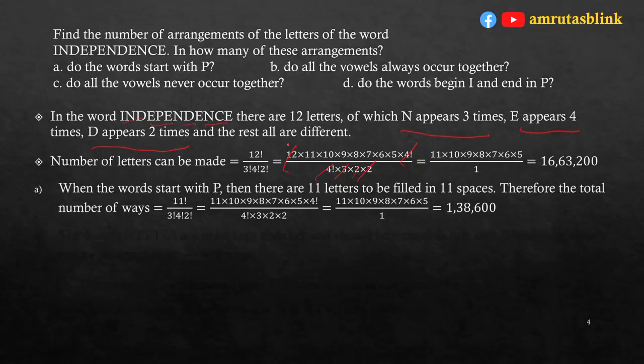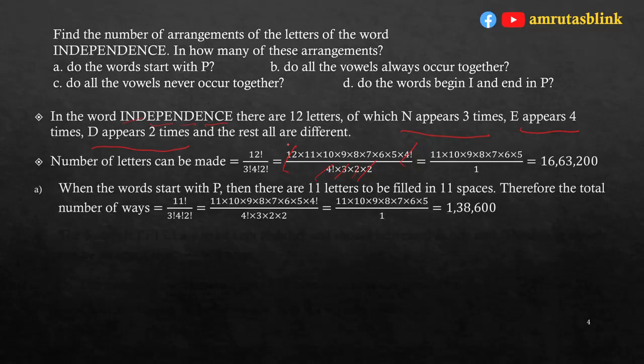Now the first condition is, do the words start with P? Now P is not repeated. P is appearing in the word independence only once. So when the words start with P, out of 12 there will be just 11 letters to be filled in 11 places.